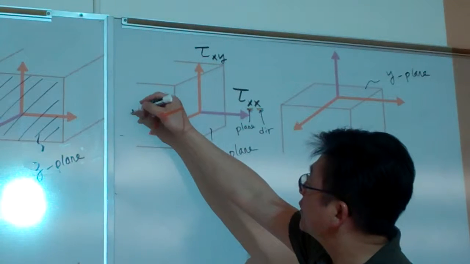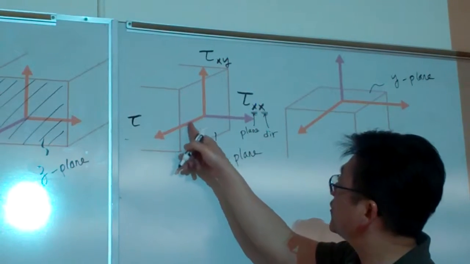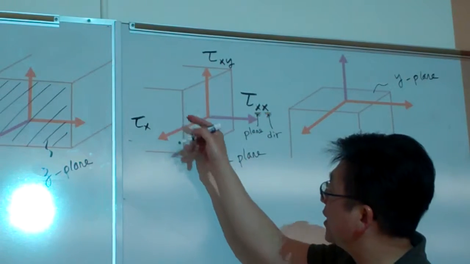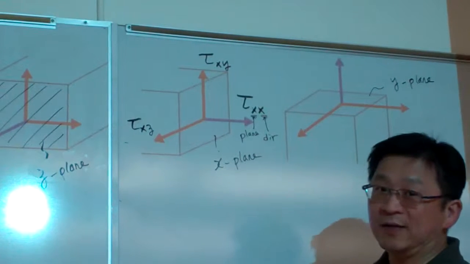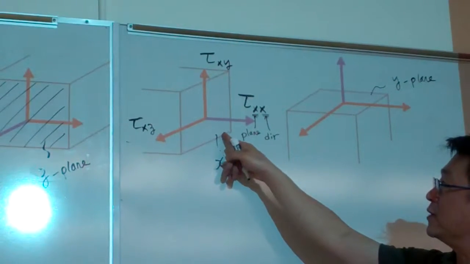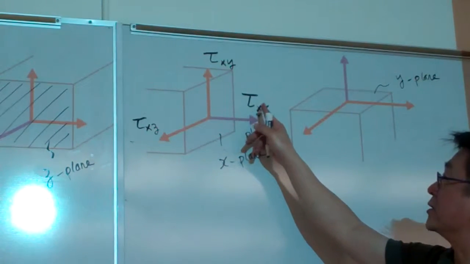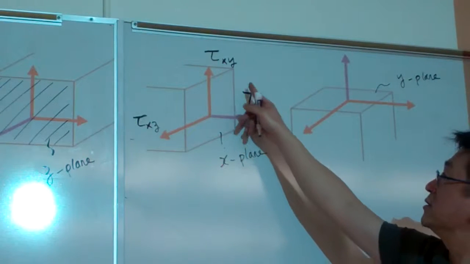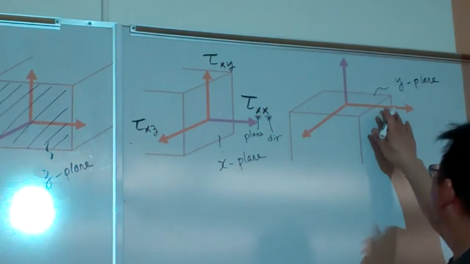For this one, the induced stress is still in the x plane, and pointing to which direction? The z direction. So therefore, in the x plane, in general we have three different stress components: a normal stress component and two shear stress components. And we can exercise on this one.